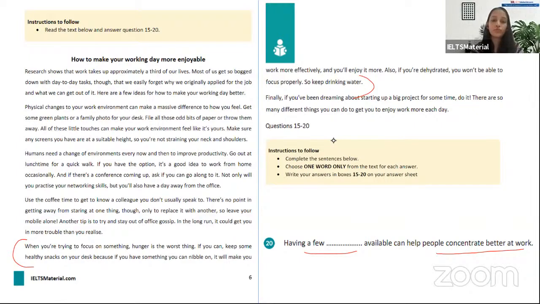Make sure that you see this part because this passage is a little confusing. There are two options available. There are two answers. So they are talking about, if you're trying to focus on something, we need to have healthy snacks on your desk or else keep drinking water so that we don't lose our focus.